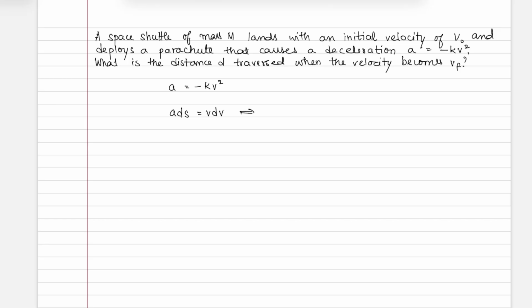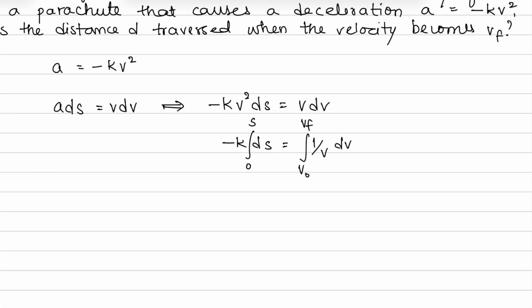Right, so if we were to apply this, you get minus k v squared ds is equal to v dv, or minus k ds is equal to 1 over v dv. Now you do the integral, it goes from an initial speed to final speed over some distance which is of interest to us. Actually, this distance is given as distance d.